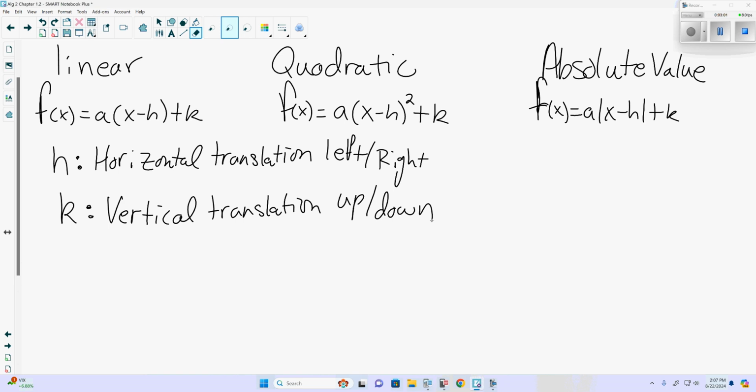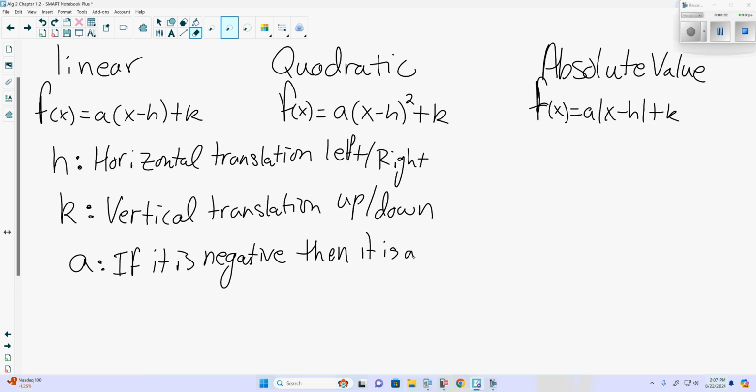And the last one we had yesterday was dealing with a. If it is negative, specifically the sign, if the number where a is negative, then it is a reflection across the x-axis.